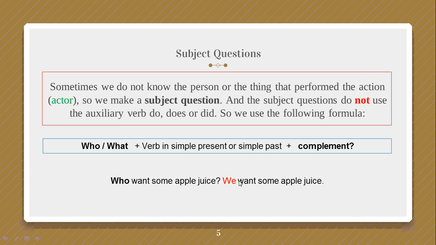We want to make a question for "we," because we want to know the actor. So we simply replace it. "We" is a person, so we use who. Who wants some apple juice? The same goes for things. The earthquake damaged my house. Earthquake is a thing, so we must use what.